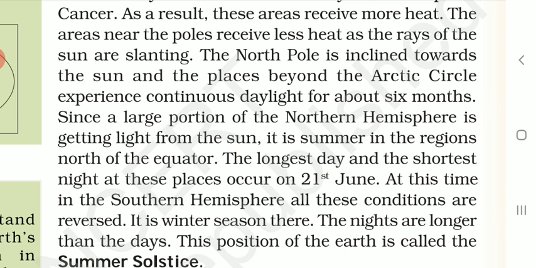This position of the earth is called the summer solstice, when there is direct sunlight onto the Tropic of Cancer, and nearby days in the months of June, July. This period is called the summer solstice.